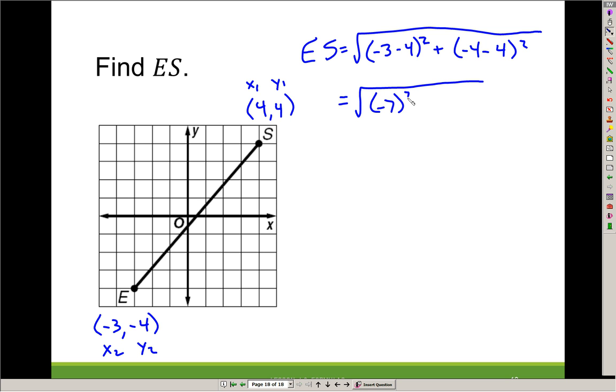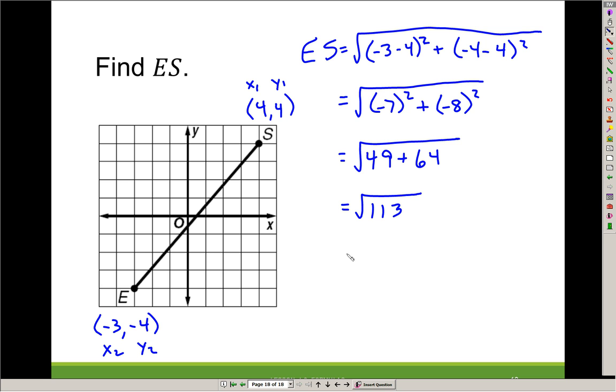Hope you remember what we do when we square a negative. And that's a -8 squared. Remember, a negative squared is positive. That's a 49 plus -8 squared is 64. Those make a 113. And let's go nearest tenth is about 10.6. So that segment has a length of about 10.6. We found it using the distance formula. When you're looking for length, use distance.